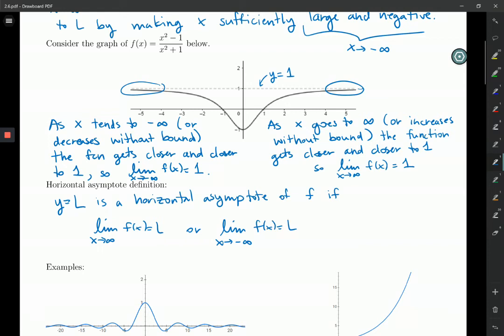We could have either one or the other, or we could have both. And in any of those cases, we have a horizontal asymptote.